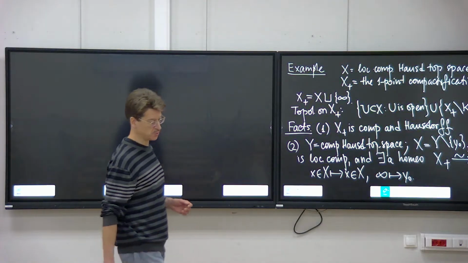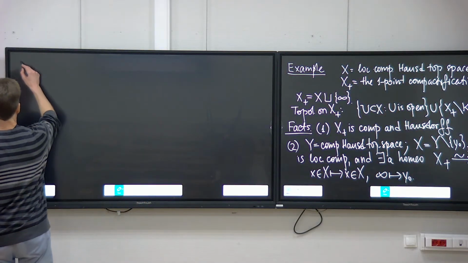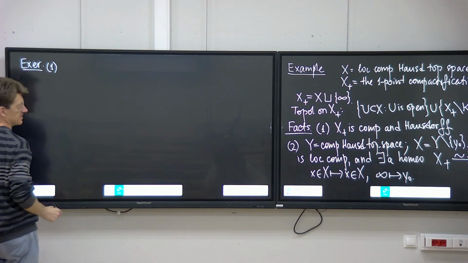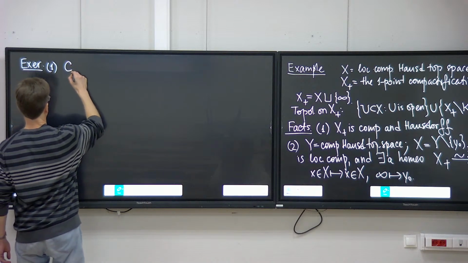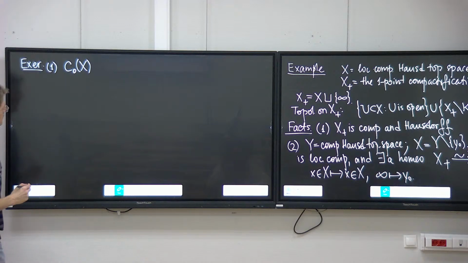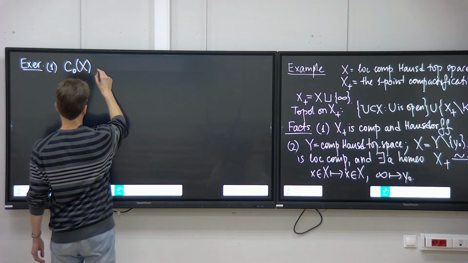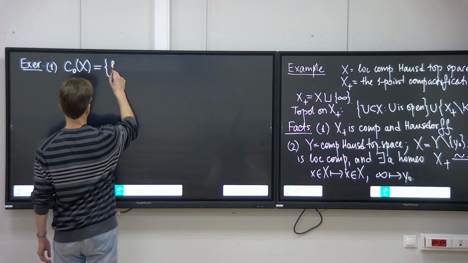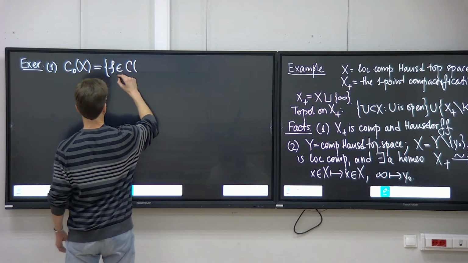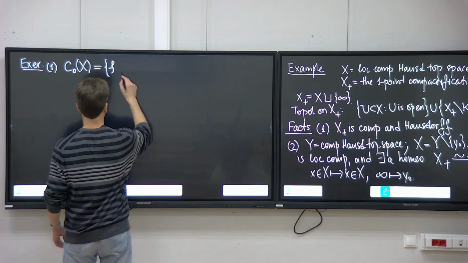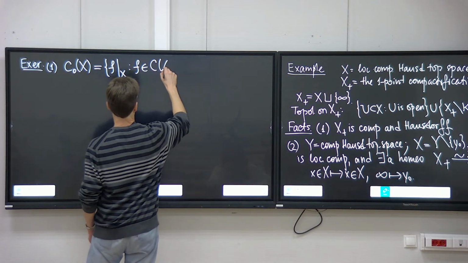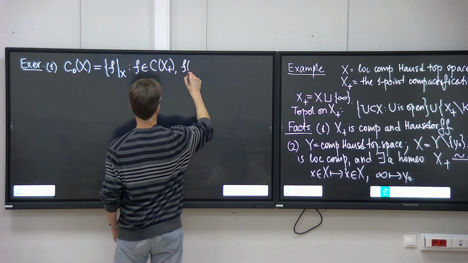Well, how is this related to the unitization? Here's an exercise for you. First of all, I claim that the algebra C0 of X, of continuous functions vanishing at infinity on X, consists exactly of the restrictions to X of those continuous functions on X plus which vanish at infinity.